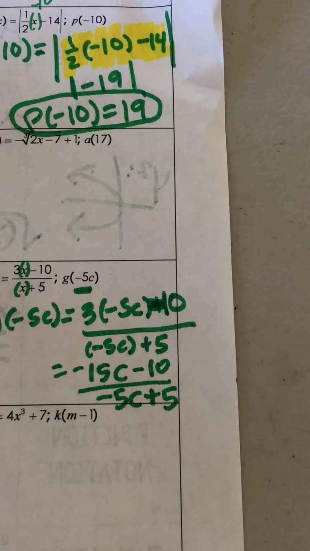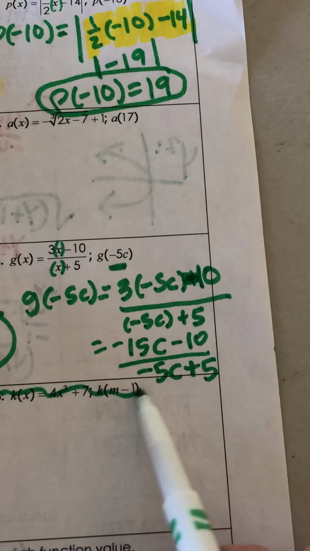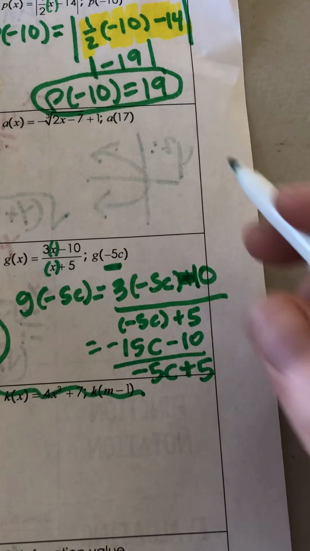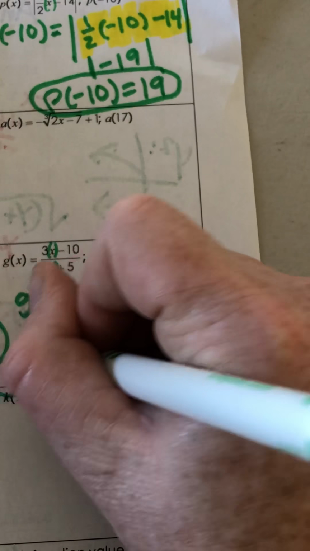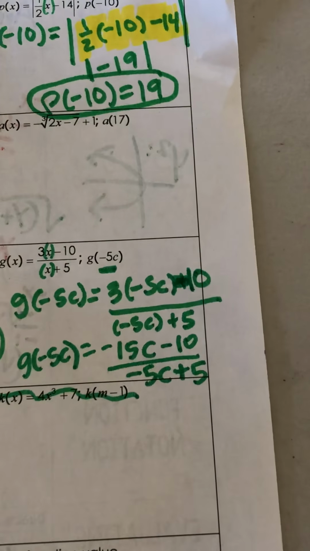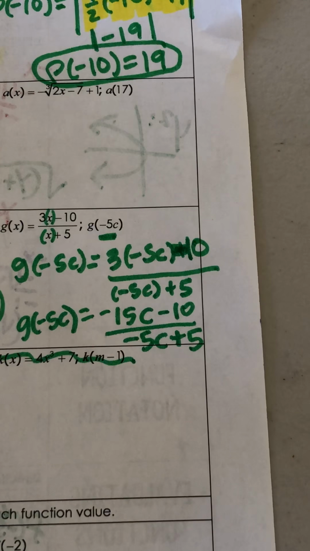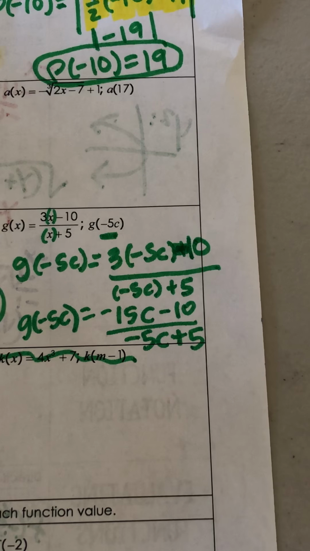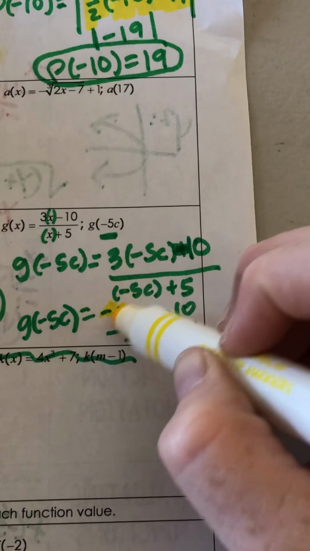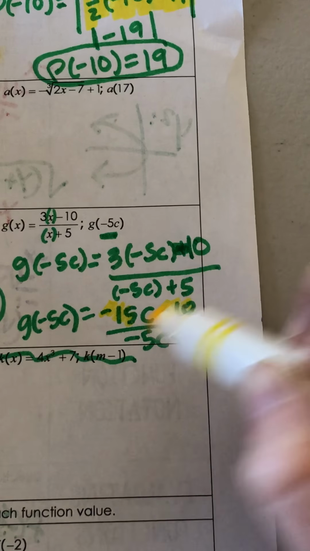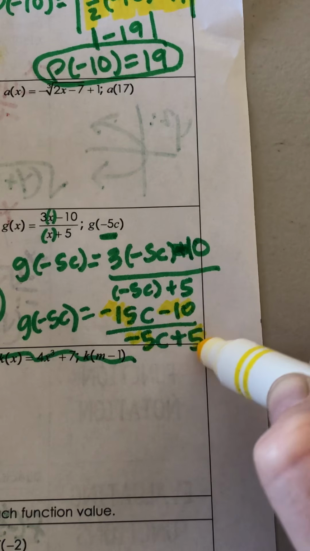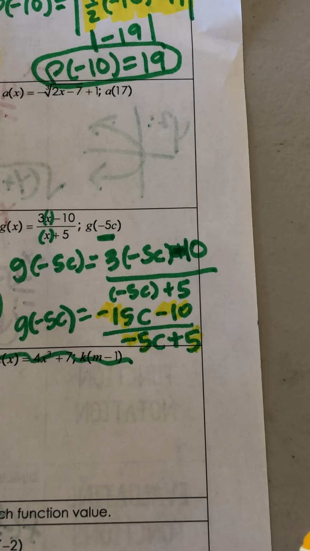Okay, and I'm going to keep going here because we can actually keep simplifying. So not only do you really need to plug things in, you really need to simplify as much as you possibly can. When I notice this, I have negative 15, negative 10, negative 5, 5. All of those have a 5 in common.